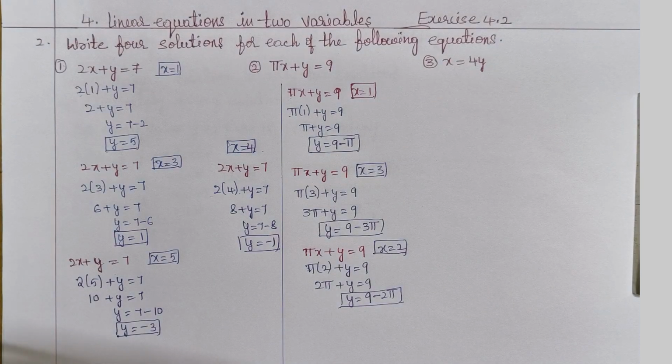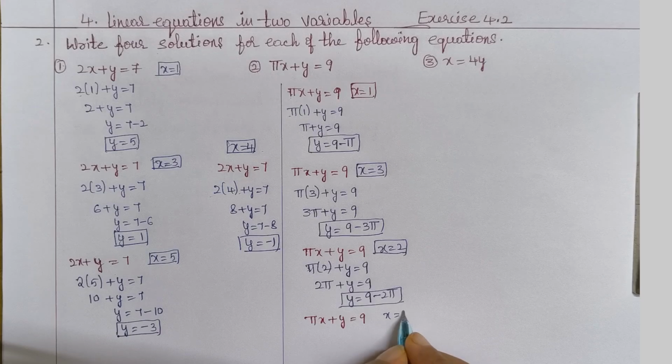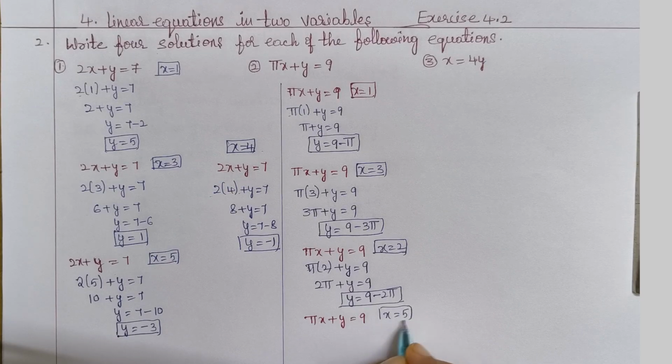We will try one more. See here, pi x plus y is equal to 9. X value I am taking 5. 5 taking means pi into 5 plus y is equal to 9.